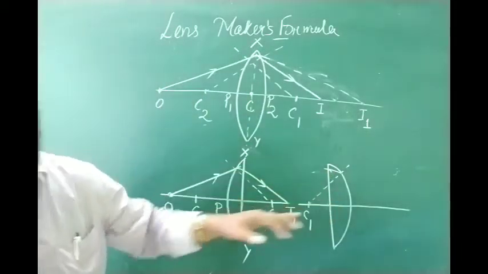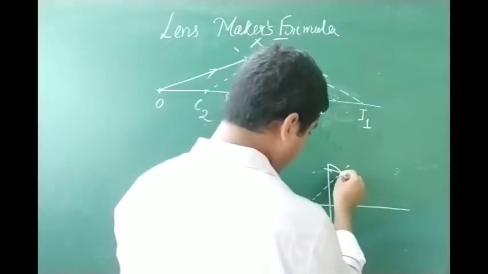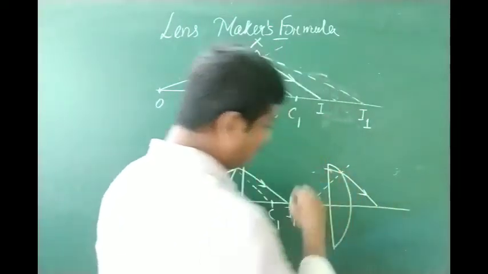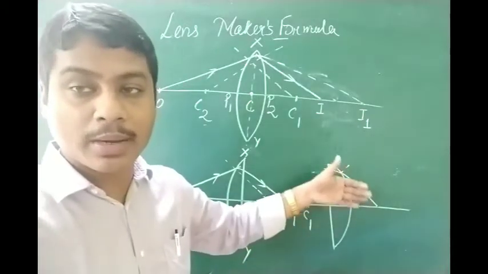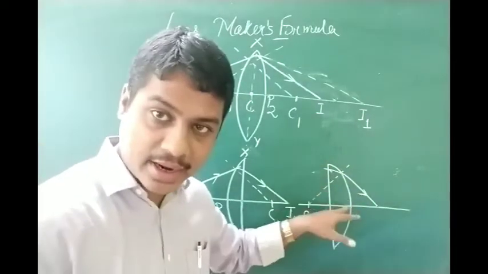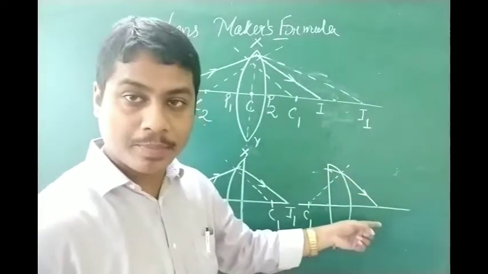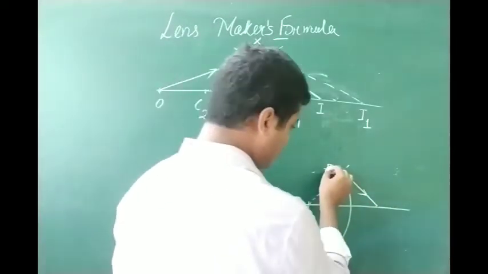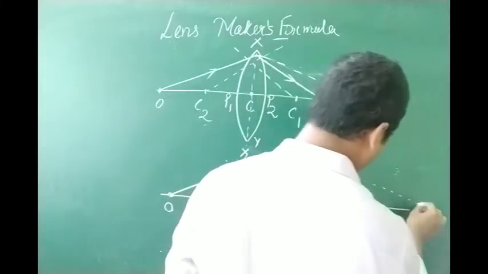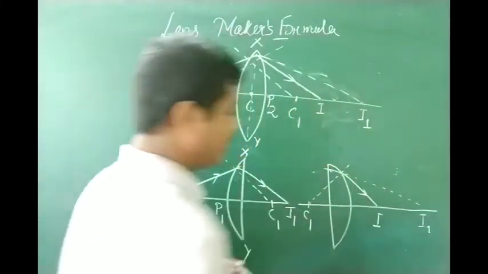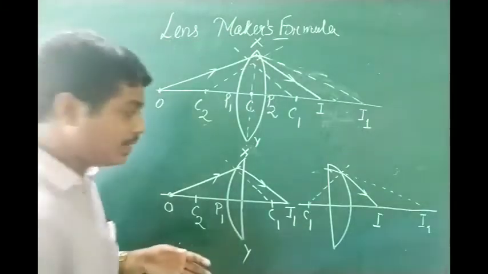So the light ray will bend away from the normal, because the light ray is going from the denser to the rarer. This is the normal. So it will be bending away from the normal. But the virtual point was somewhere here. This was our I1 and this is our I. So this is our diagram.